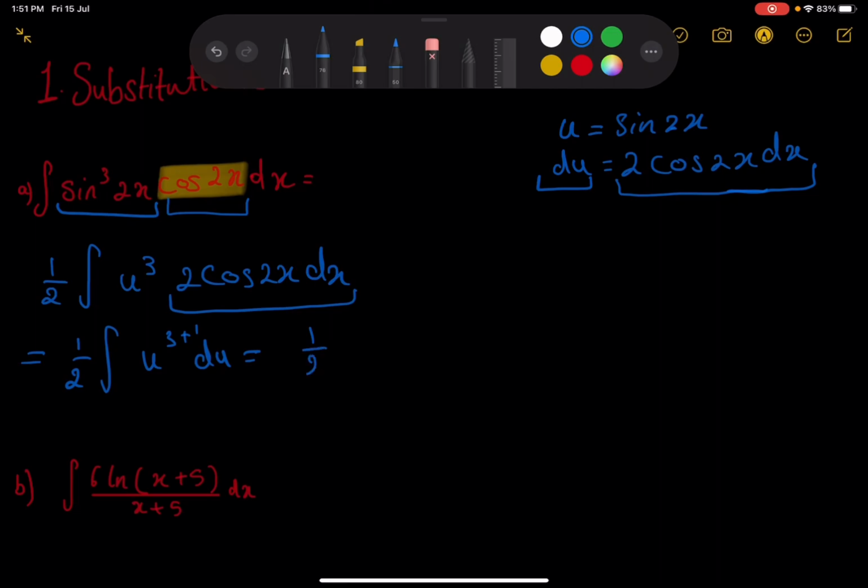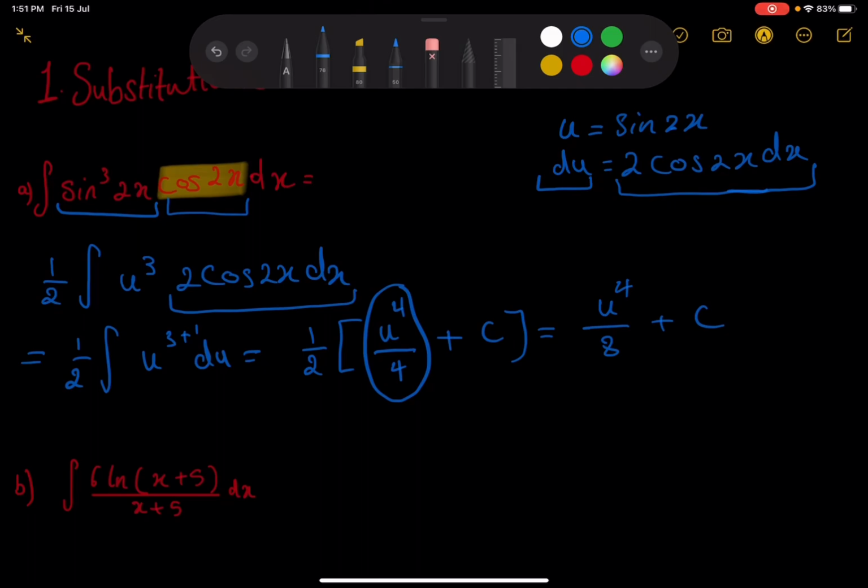So I will end up with half times u power 4 over 4, plus c. Also, you can just multiply the half by the u term, and if you multiply c by half, you're going to have another constant, which is c. So I can simply say that I have u power 4 over 8 plus c.